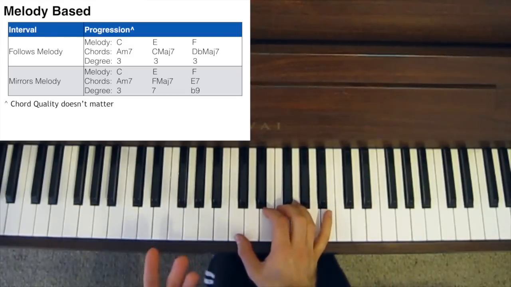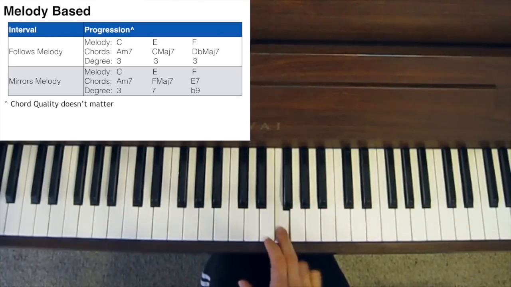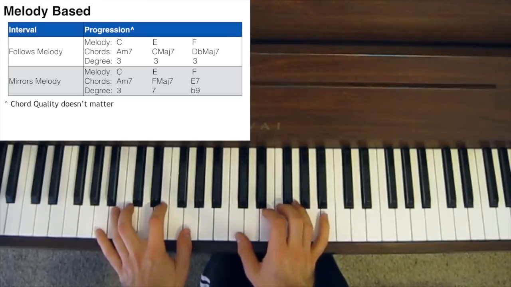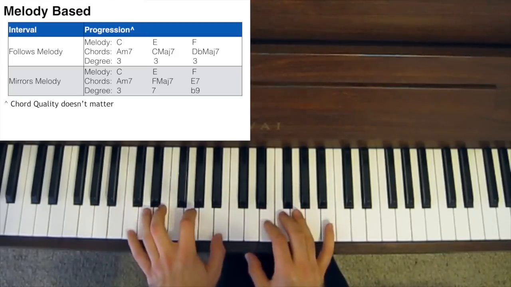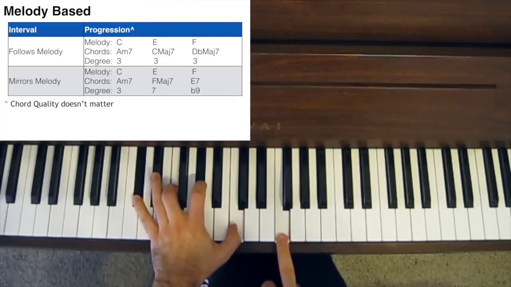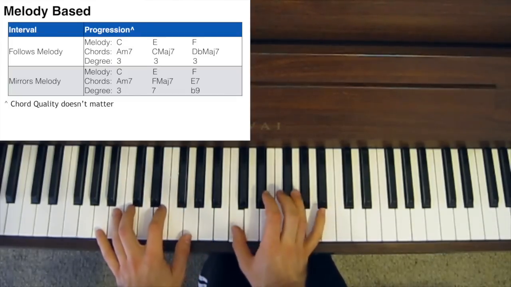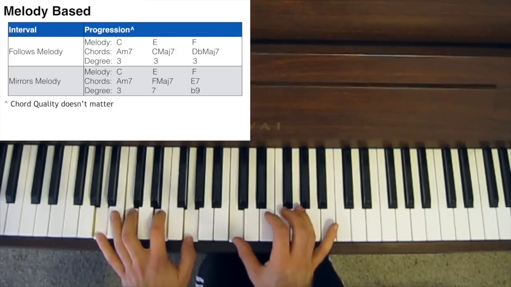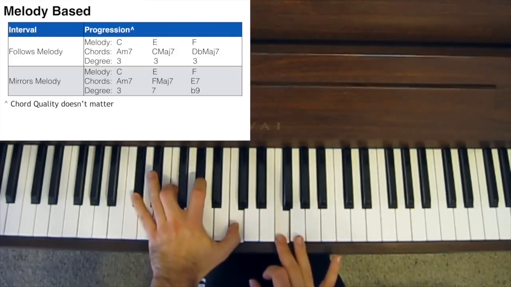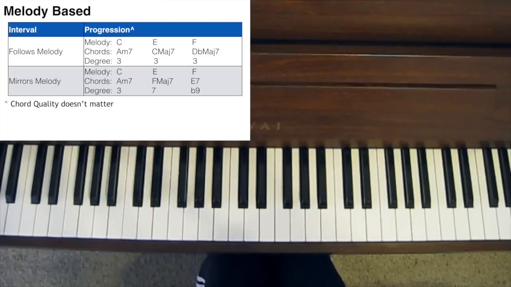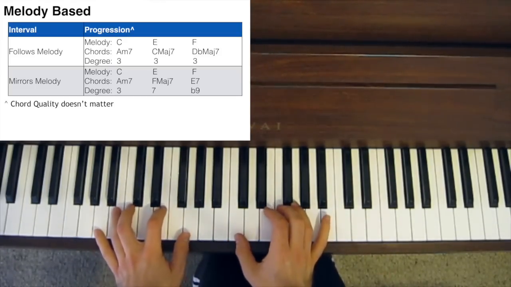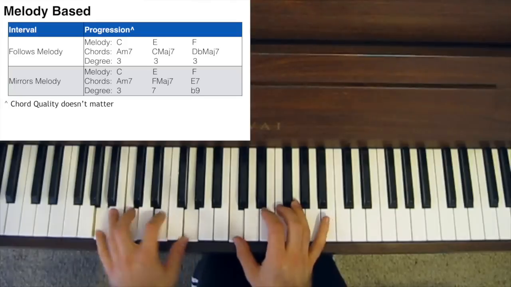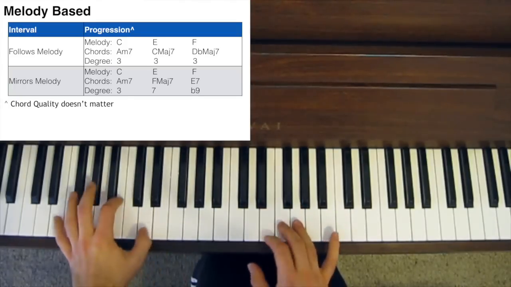So if the melody, for example, went C, E, F, your chords could be something like A minor 7, C major 7, D flat major 7, so that each of the melody notes is the third of each of the chords. Or you could go in the opposite direction and play something like A minor 7, F major 7 to E7.